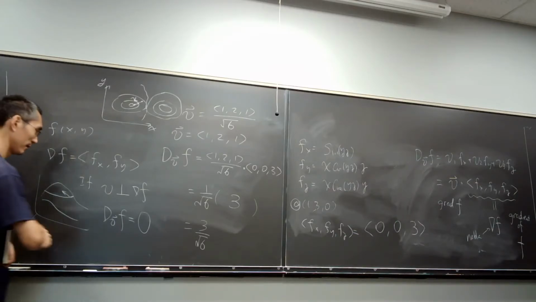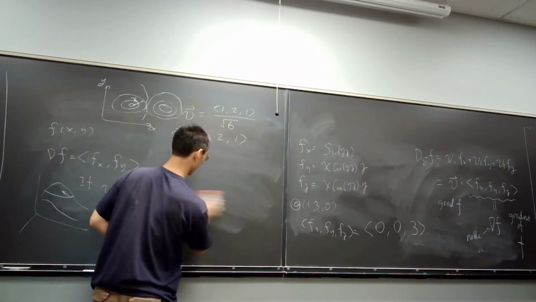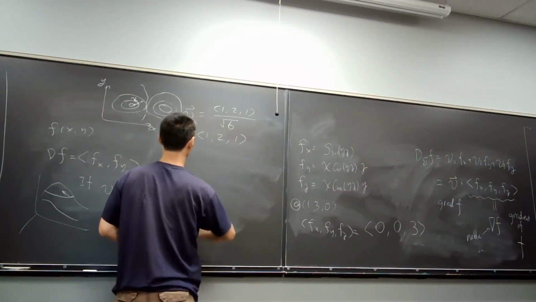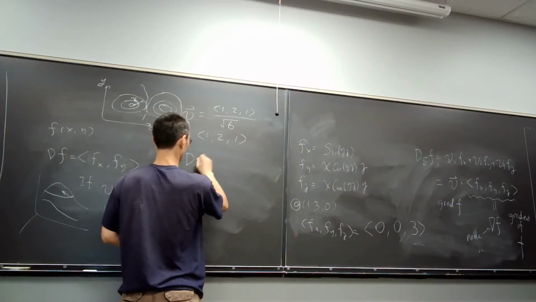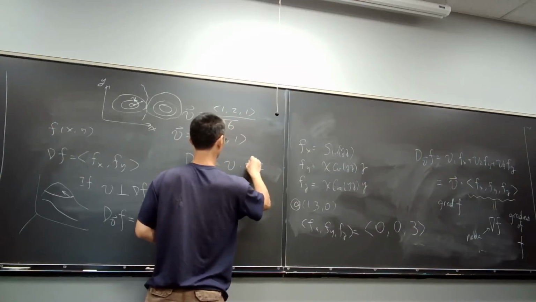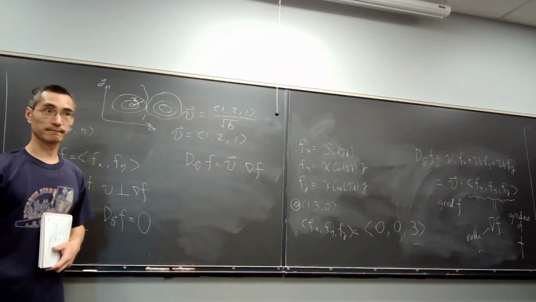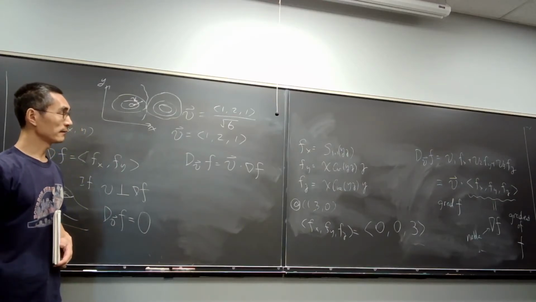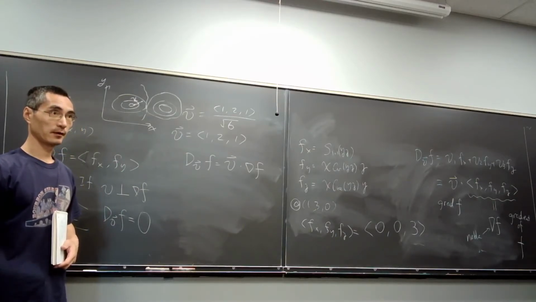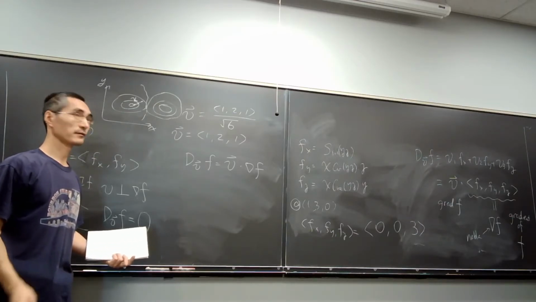Okay? I can also prove it more rigorously. The directional derivative would be this. And this is a dot product. Remember the formula relating the length of these two vectors with the angle between them?